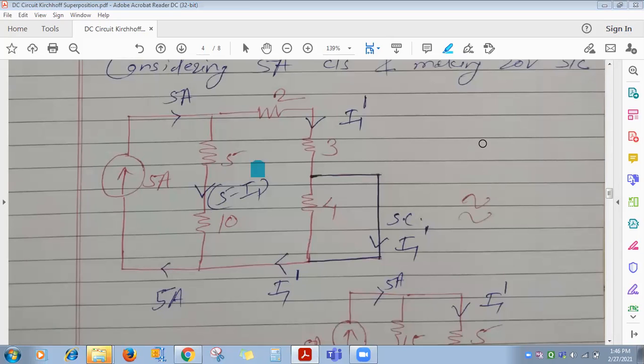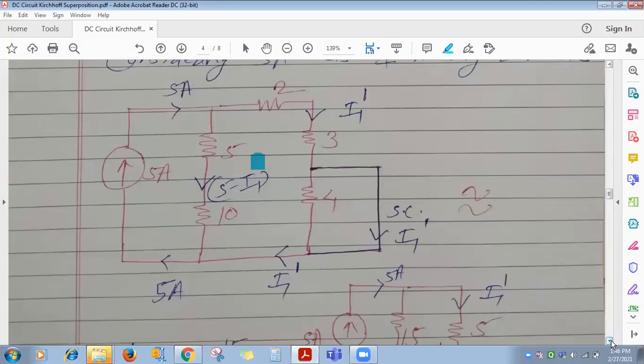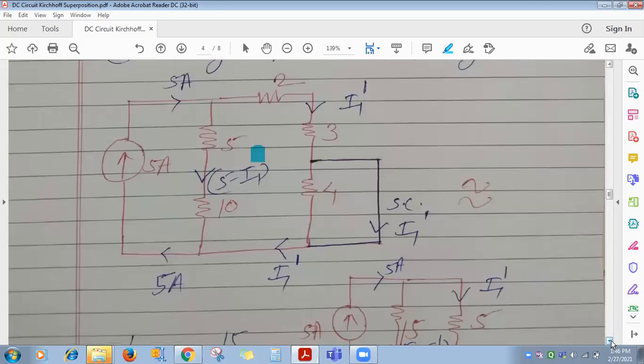See, later on, any method you can use, whichever consumes less time and in which you will not make any mistake. Got it? Whatever is convenient later on, use that method. The only thing is you should not make any mistake, and secondly, if possible, use the less time consuming method. If you use KVL, Kirchhoff's law, it consumes a lot of time and the possibility of mistakes is also more.